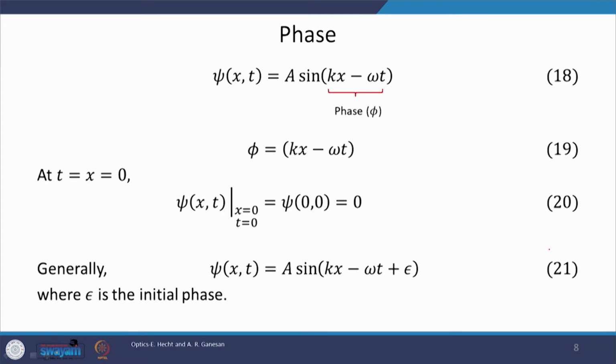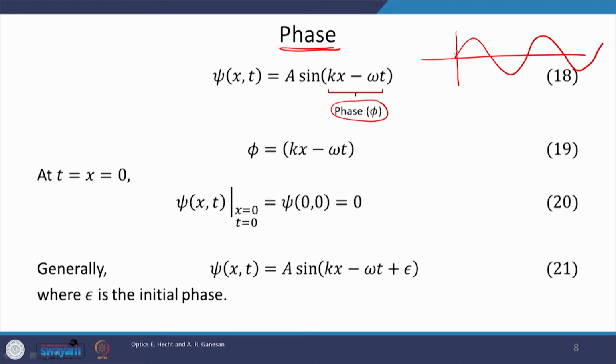Now, once we have defined all this, we can move on to defining phase. What is phase? The argument associated with the sine function is called phase. To understand it figuratively, if you plot a sine function, this is the type of plot we get.